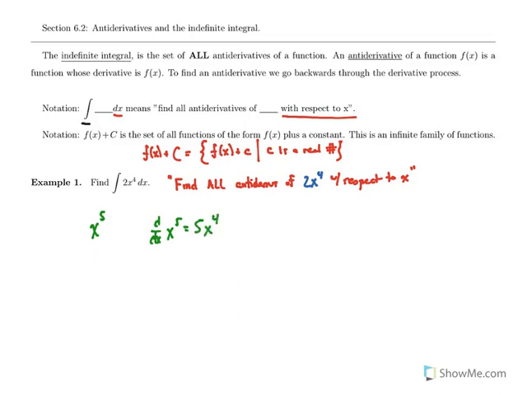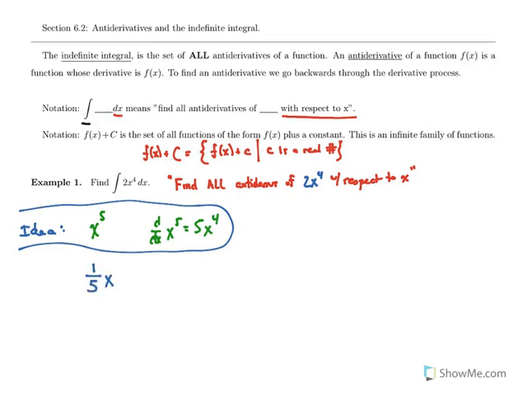But we need to take care of that 5, and to do that I can write 1/5 x to the fifth. And then I need to take care of the 2, which I can do with 2/5 x to the fifth.